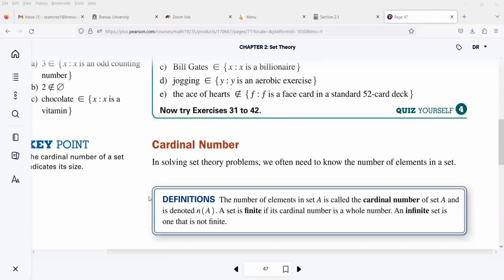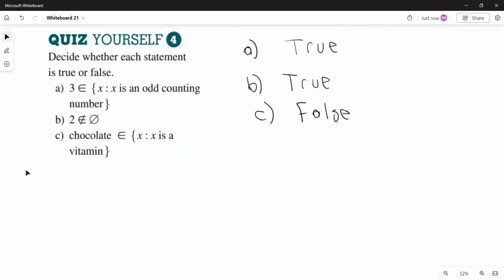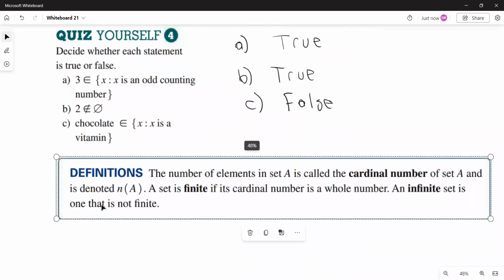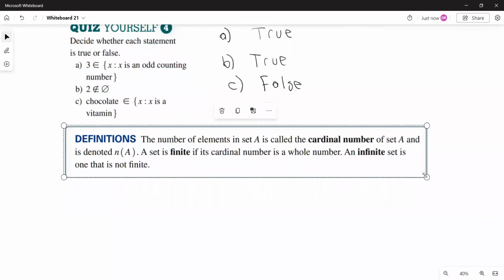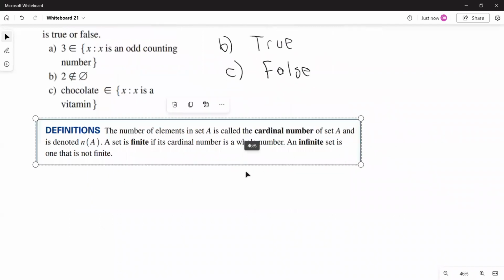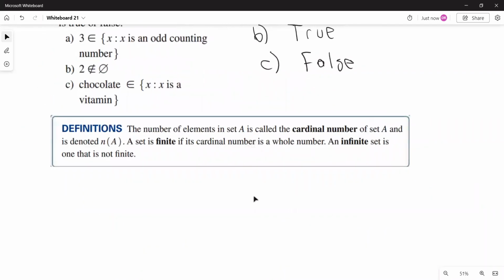And that is going to be denoted by N of A. The number of elements in set A is called the cardinal number of set A and is denoted by N of A. A set is finite if its cardinal number is a whole number. An infinite set is one that is not finite.